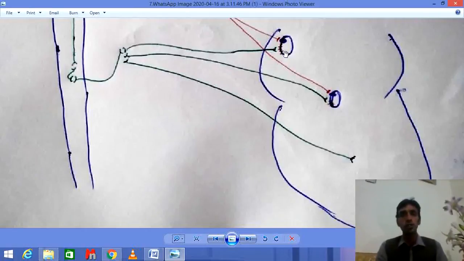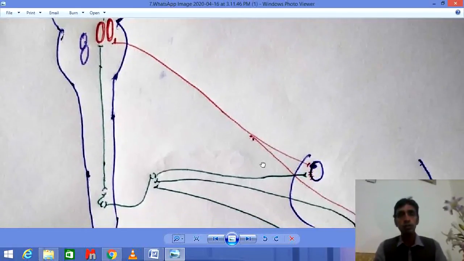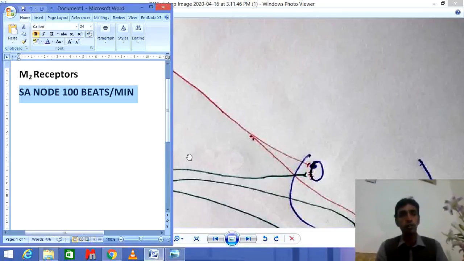If the SA node generates the signal a bit low, if the speed of the signal generation is slow, so it will decrease. This SA node normally generates signal for 100 beats per minute, but this CIC maintains the 75 or 72.